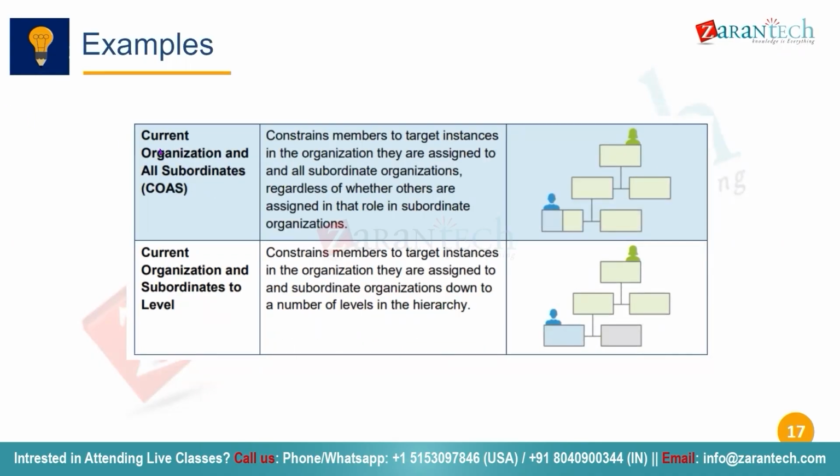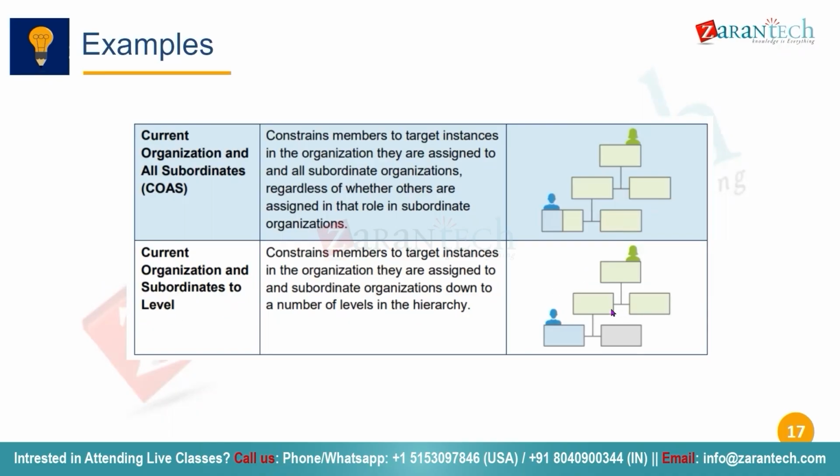And again, the third one is current organization and all subordinates. As we can see in this picture, it is the current organization and also the subordinates who belong to that assignable role in that organization. And then we have current organization and subordinates to the level.